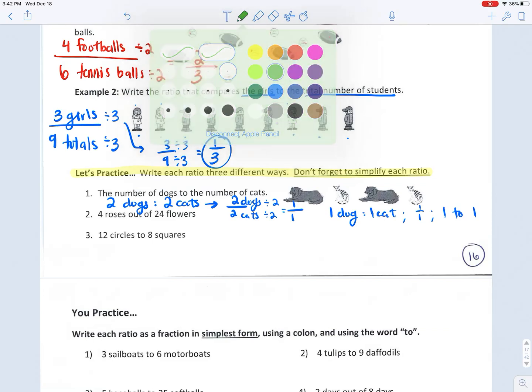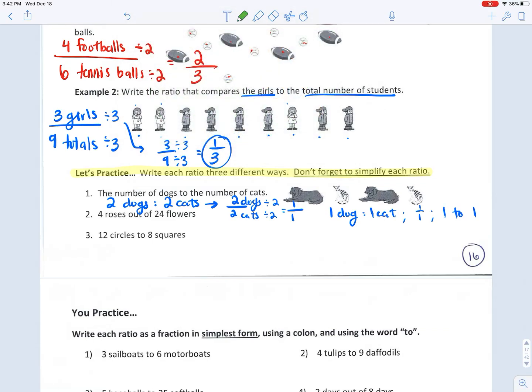All right, the next one. 4 roses out of 24 flowers. So I'm going to start this as a fraction here. There's not a lot of space to write, I'm sorry. So I'm going to do number 2 over here in green. For number 2, I have 4 roses out of 24 flowers. Now, what's the biggest number that can go into 4 and 24?